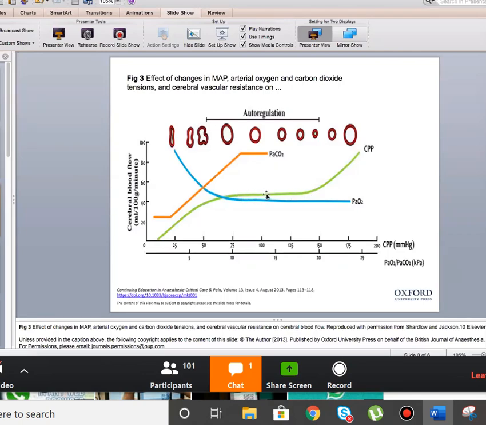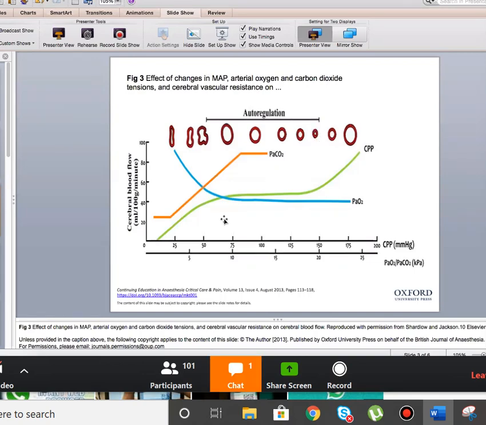At around 60, the blood vessel is maximally dilated. And if you look at 150, it's maximally constricted.